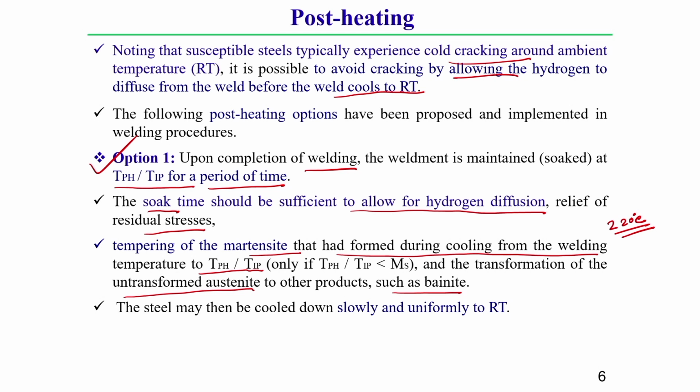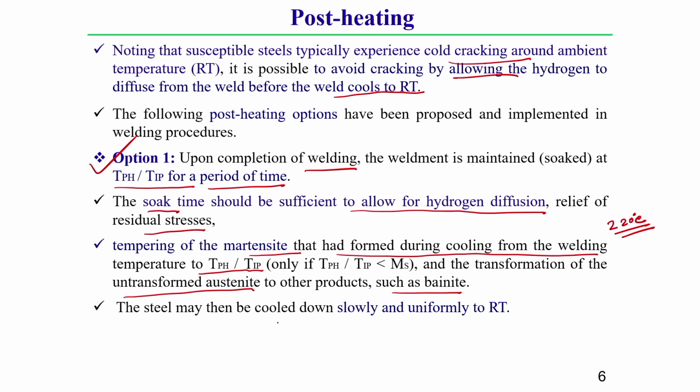So, you got the idea. Here instead of cooling to room temperature, we hold the weld specimen at the preheating temperature. Preheating temperature here is generally around the martensite start temperature range, this you should keep in mind. Within that temperature range we hold it, or we temper the weld specimen. Due to this, the martensitic structure already formed during cooling from weld temperature to preheating temperature converts to ferrite plus carbide structure.